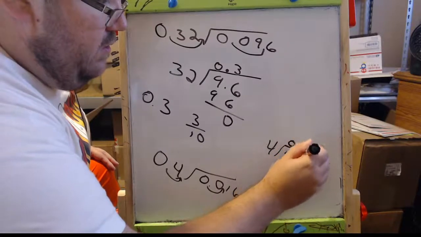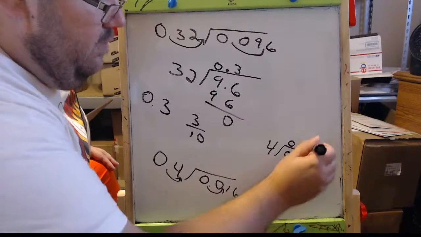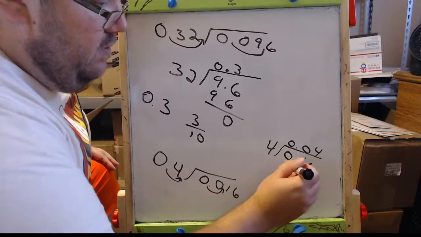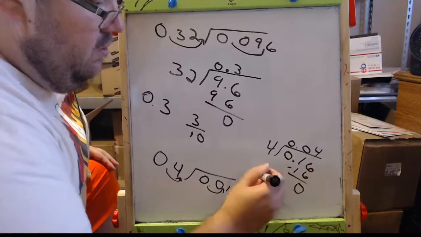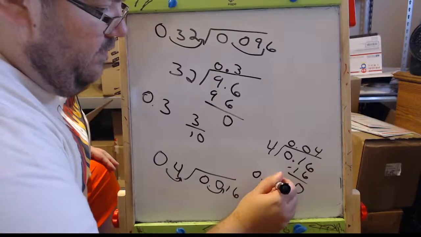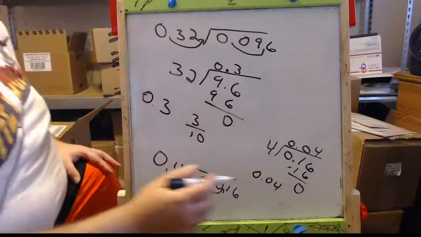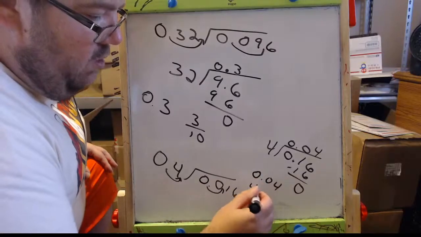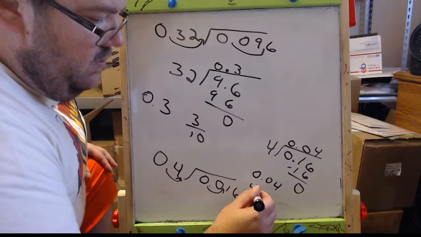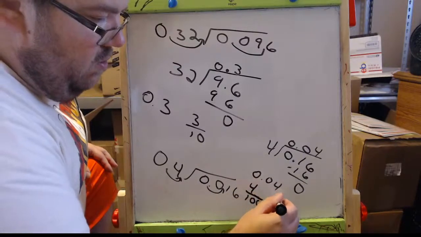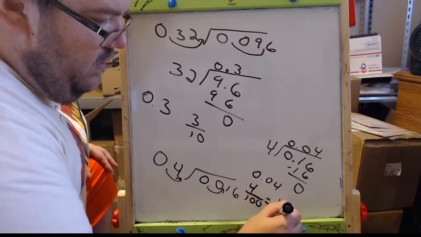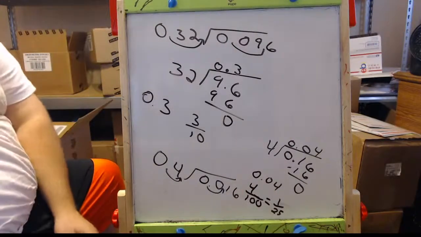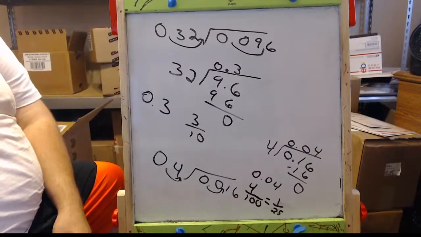Alright, 0.0. 4 doesn't go into 1. 4 goes into 16 4 times. So we're left with 0.04. If I wanted to write it as a fraction, this is tens, this is hundreds. So 4 100ths, or 1/25.